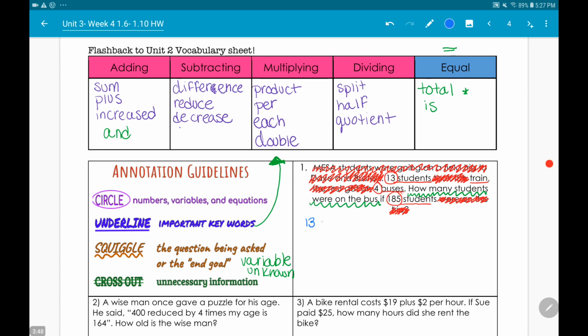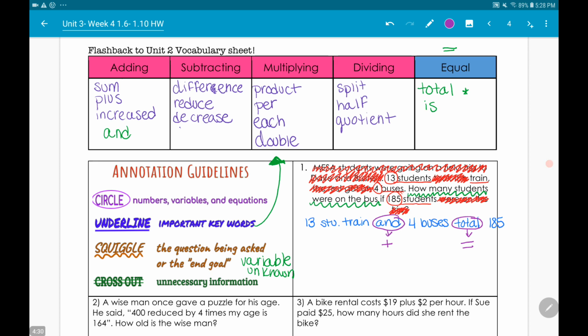So we have 13 students on the train and 4 buses with a total of 185 students. Okay, so all I did was just pull the information into one smaller sentence. All right, so I have "and" is plus, our total is our equal, and then what's our unknown?